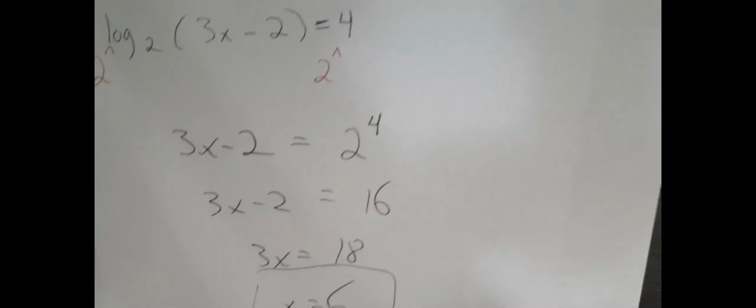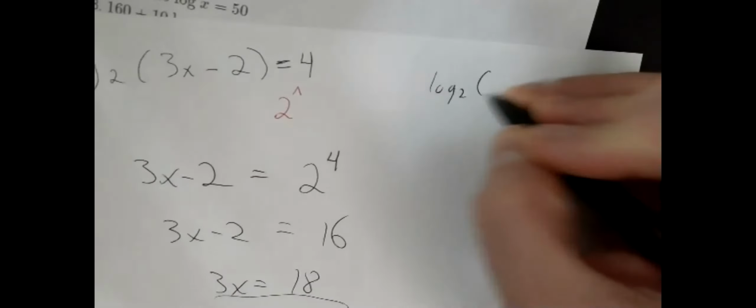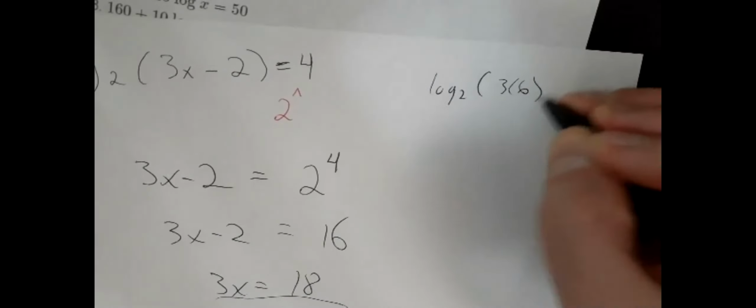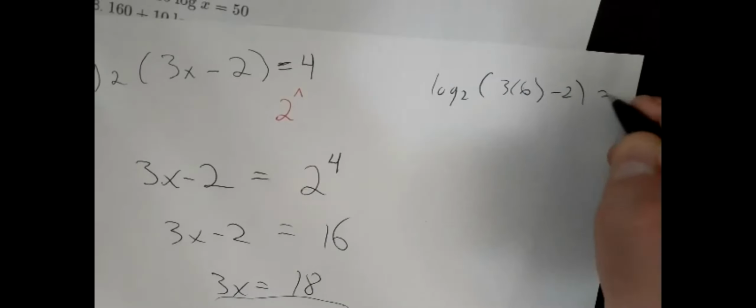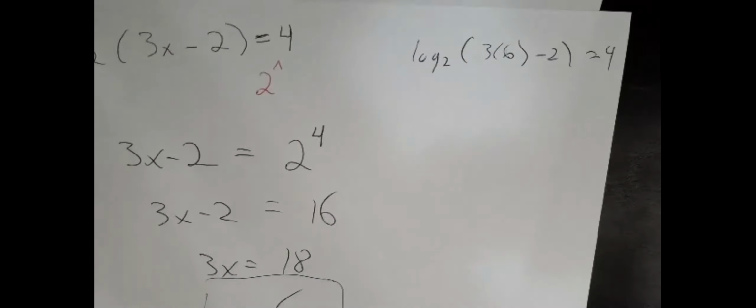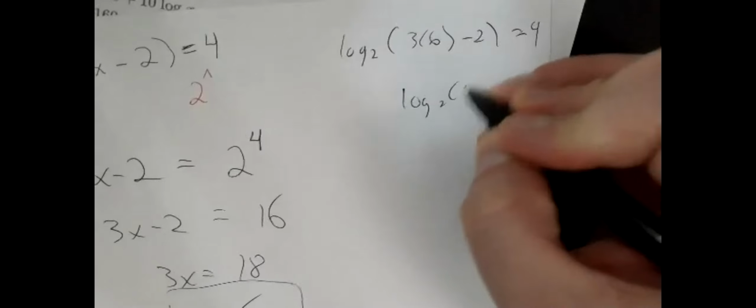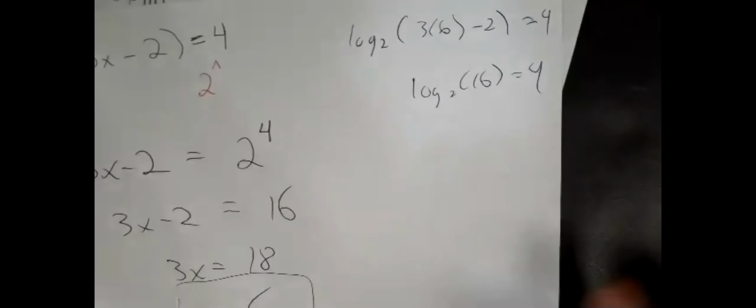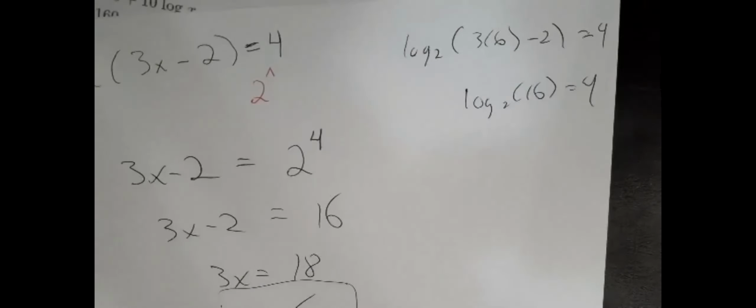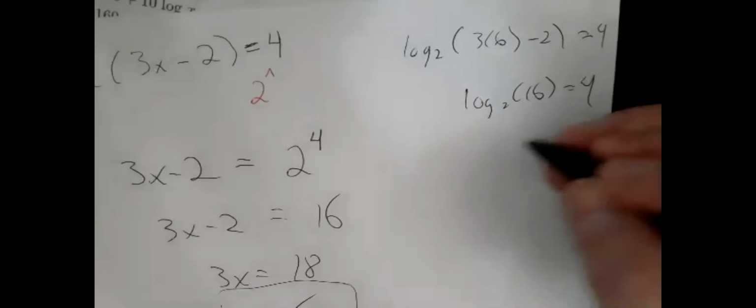But we should really be checking these solutions, especially when we start plugging them into logs. If we have a log base 2, this should work. 3 times 6 minus 2, is that equal to 4? Is log base 2 of 16 equal to 4? It should be. 2 to the 4th is equal to 16, so I believe that checks.